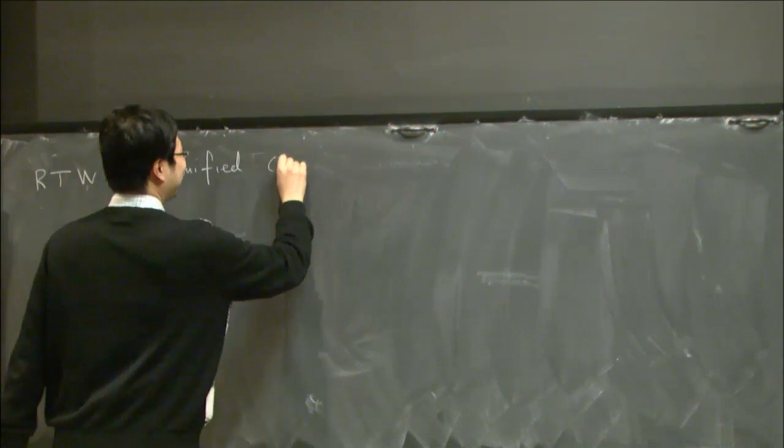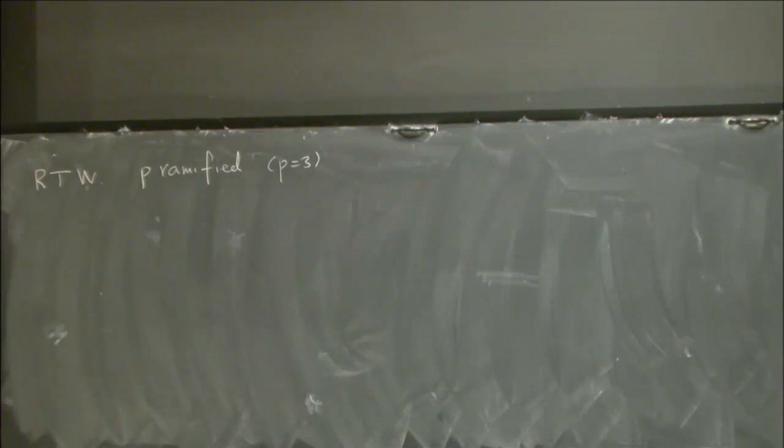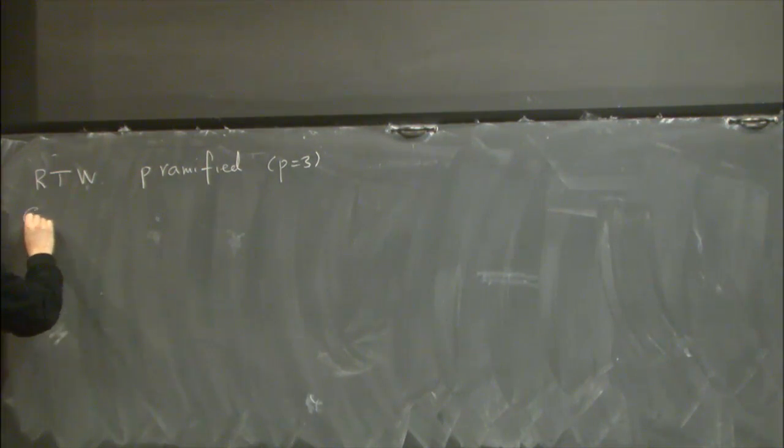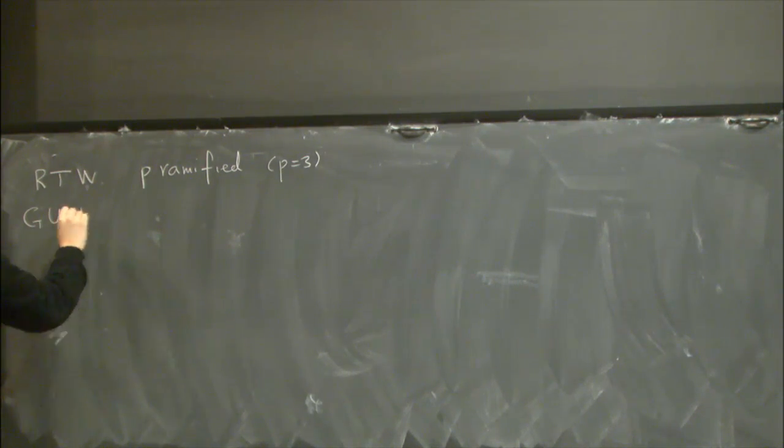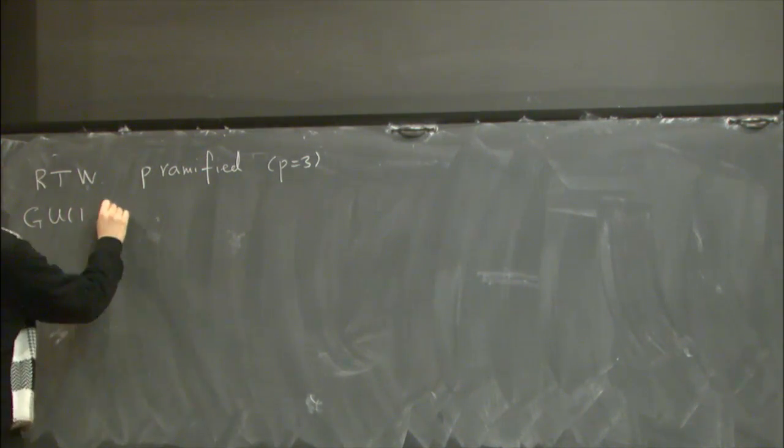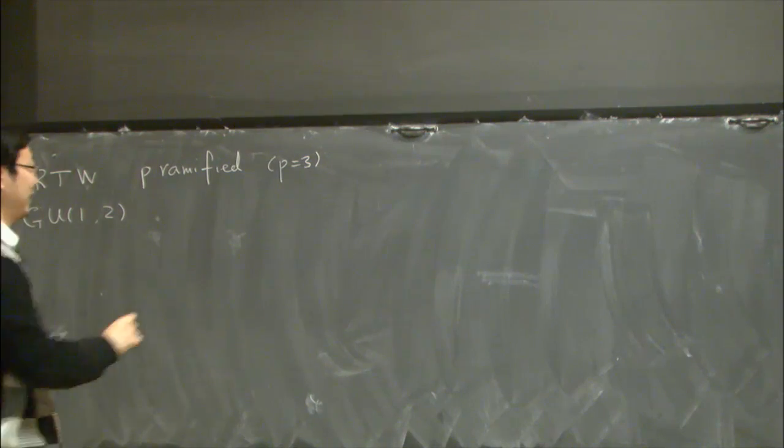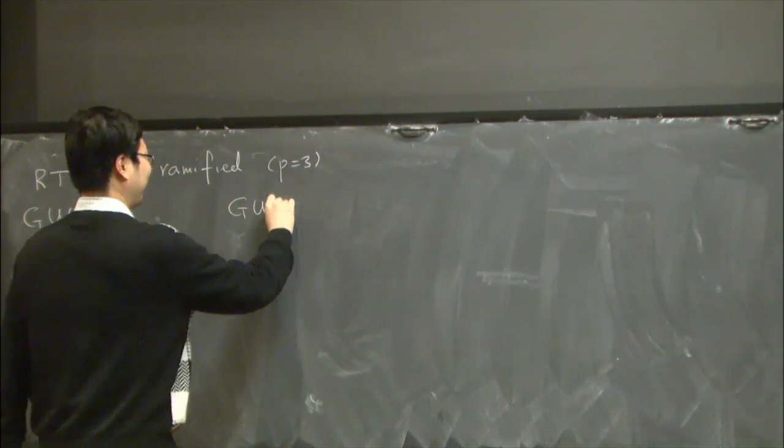And let's see. First I just put P equal to 3. I definitely want to avoid P equal to 2. And I want to put this n to be small, GU(1,2) and GU(1,3).